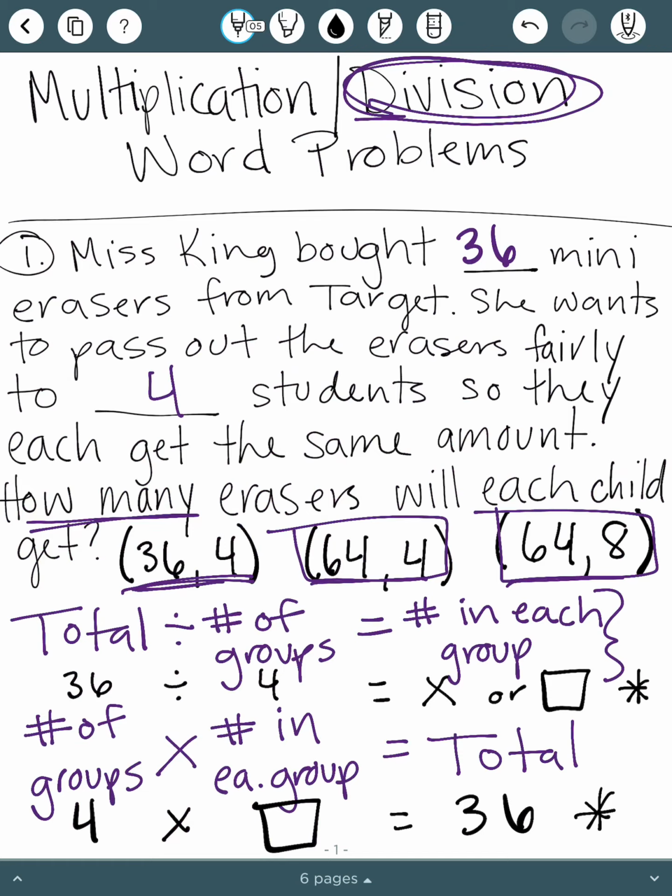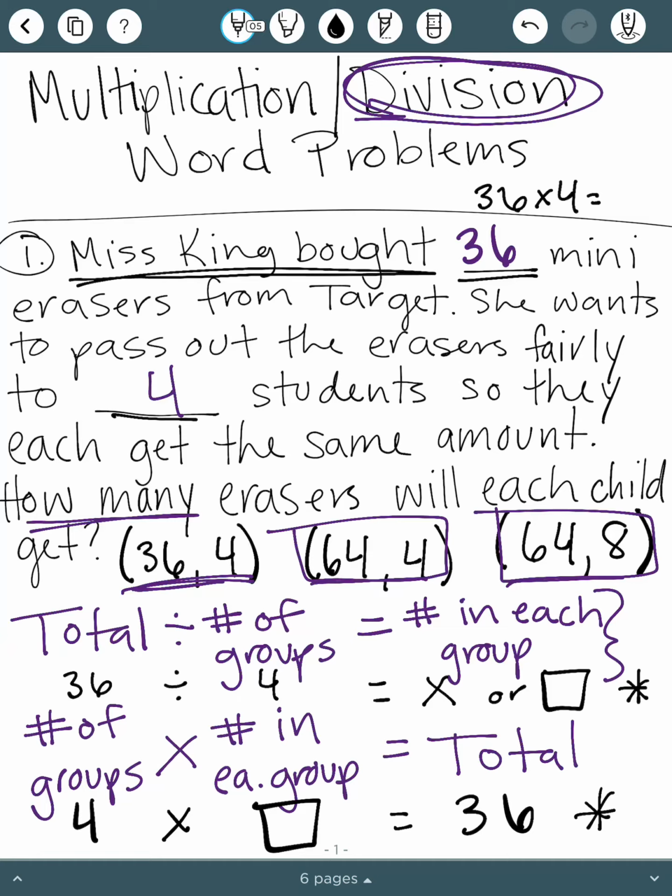Oftentimes, students will just look at the numbers and then assume that they're supposed to multiply or divide. So I like to ask them, if I bought 36 erasers, going back to the first problem from the first video, and there were 4 students, sometimes they'll try and do like 36 times 4. So then I'll remind them, okay, Miss King only bought 36.